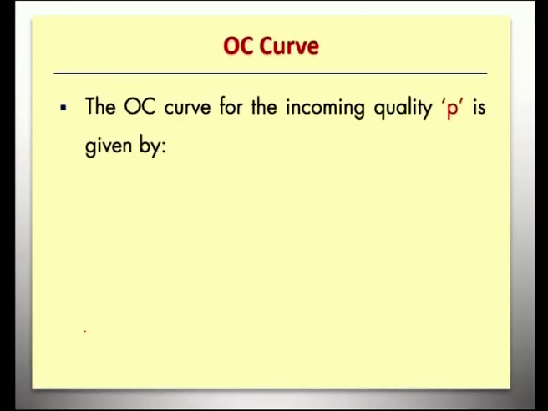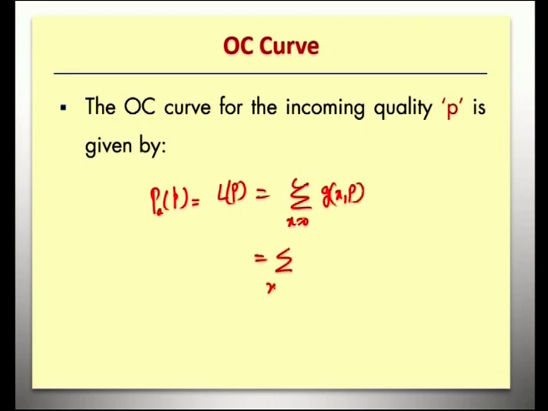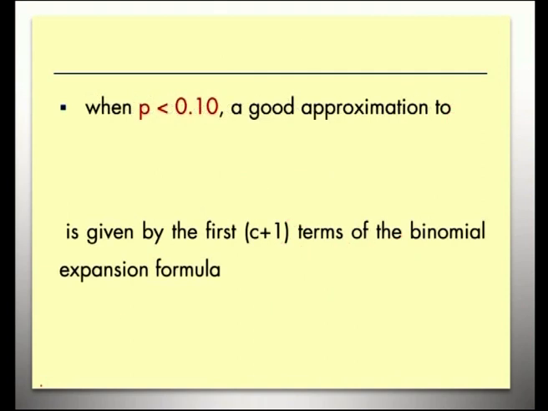Next, the OC curve for the incoming quality p is given by P_A of p, which is equal to L of p, equal to summation X equals 0 to C of g(X, p), and this is equal to summation X equals 0 to C of Np C X times N minus Np C n minus X, the whole thing divided by N C n. When this p value is less than a maximum value, we fix it as 0.10.